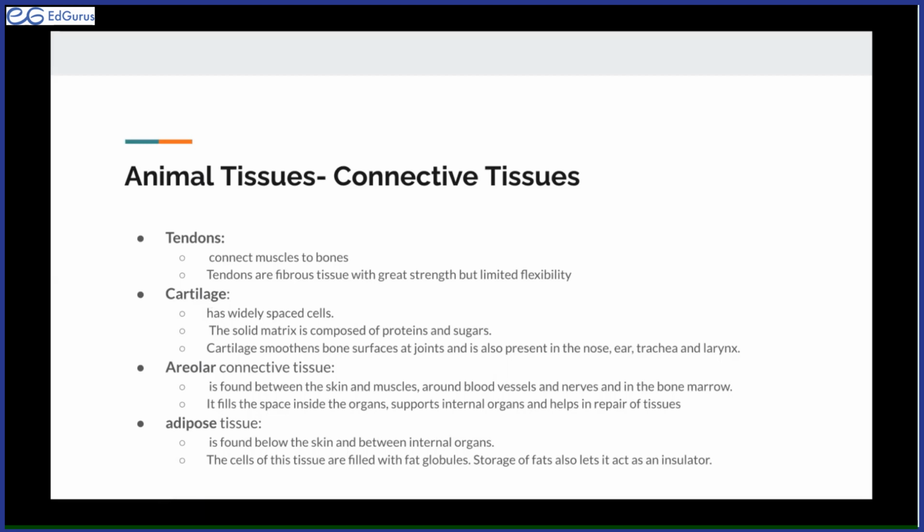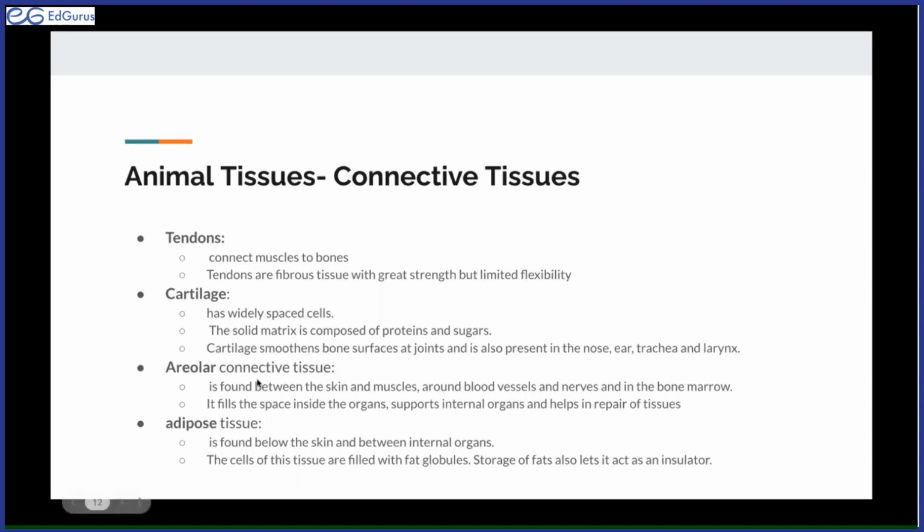So it's basically like a covering or a protective layer around the joints of the bones so that the bones don't chip. Okay, that's what a cartilage is. The matrix is solid in a cartilage and it is composed of proteins and sugars. And another property of cartilage is that in the matrix, the cells are widely spaced. There's a lot of space between the cells that are embedded in the matrix.